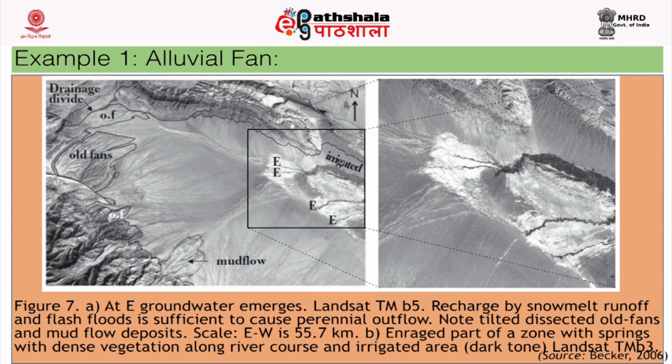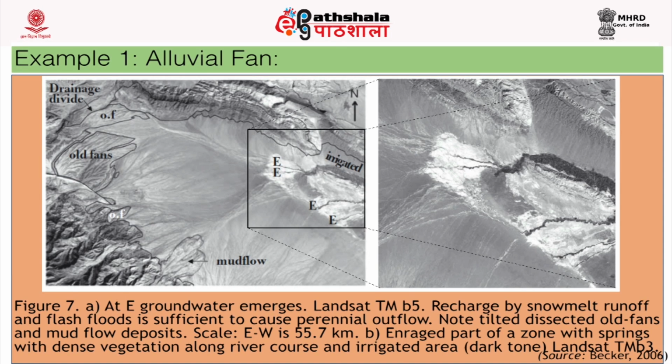Another example here, this is from the Tibet area. Here E indicates the groundwater emerge, and this part of the diagram is enlarged on the left side. There we can see dark tone areas, these are the irrigated areas, and dense vegetation we can see along the channels where the groundwater seepage is there to the channel.